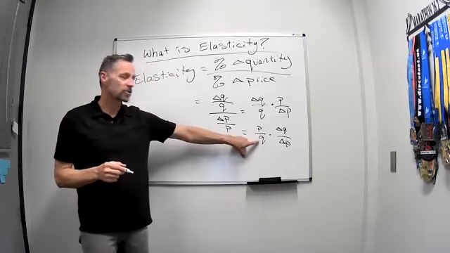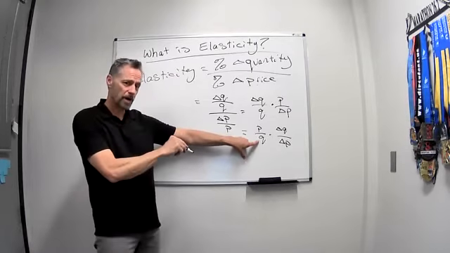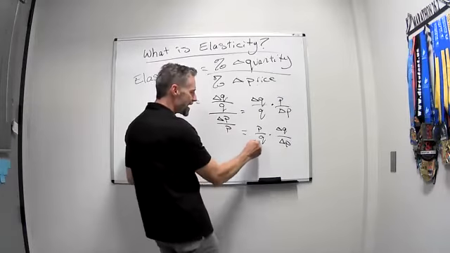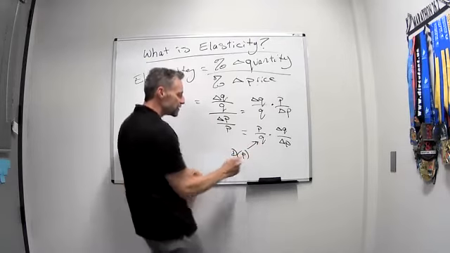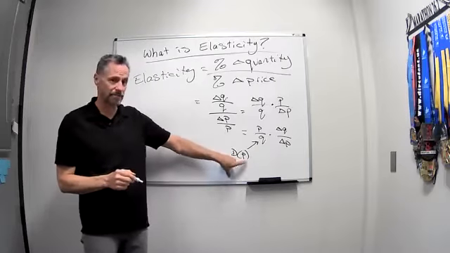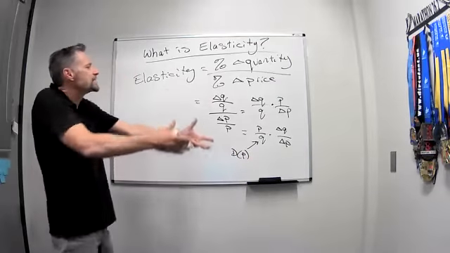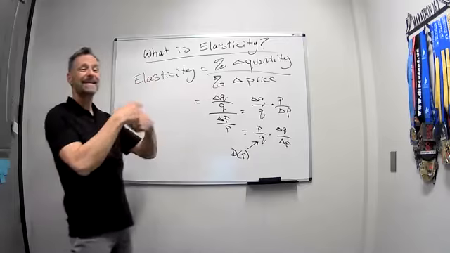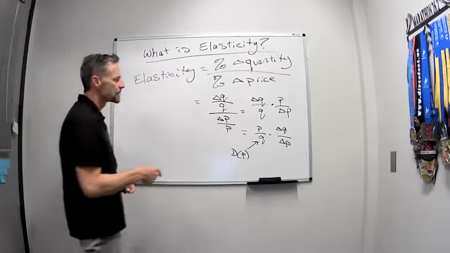Now remember, I said this quantity is a function of price. So we're going to change that to D of P, the demand at a certain price. Okay, that's the quantity. Now there's something else that comes into play.